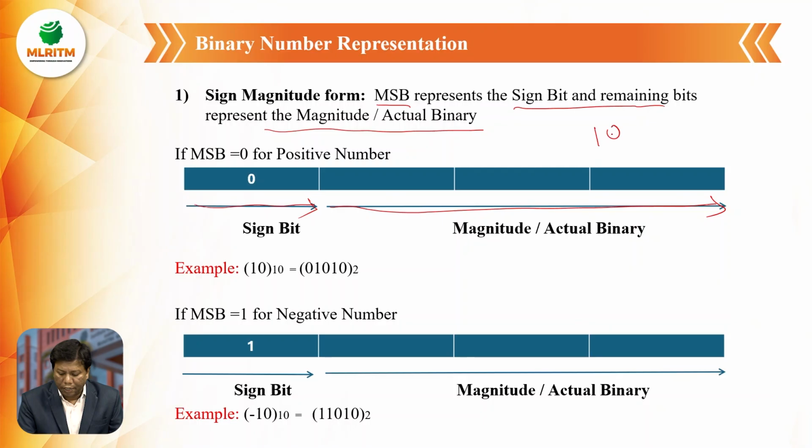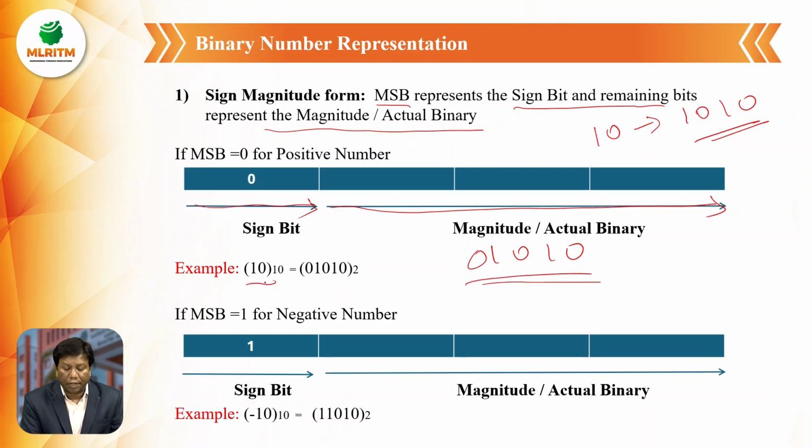Example: 10 can be written as 1010, and the final result is the actual binary with MSB 0. That is for MSB equal to 0 for a positive number.